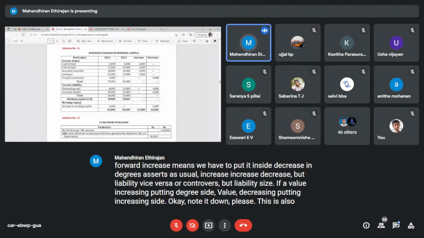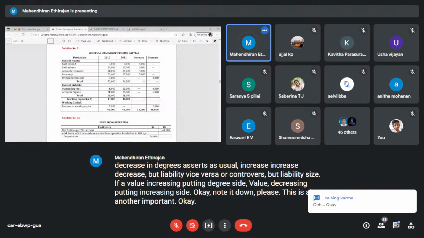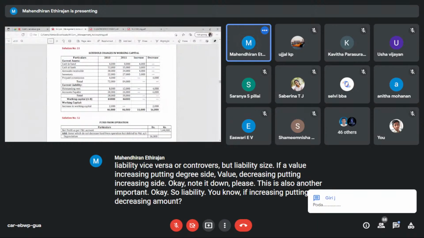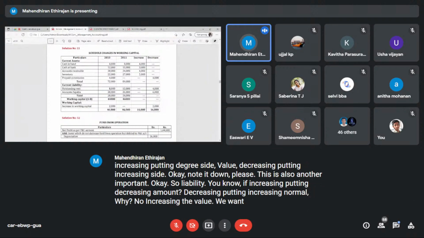This is also another important point. If a liability is increasing, we put it as a decreasing amount. If decreasing, we put it as an increasing amount. Why? When the liability increases, we have to arrange funds.